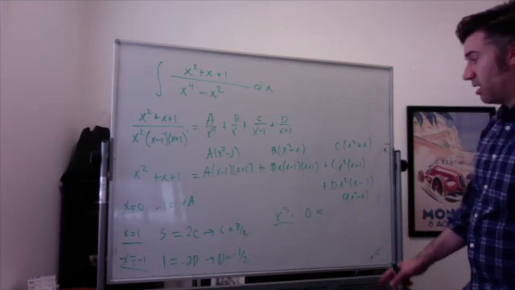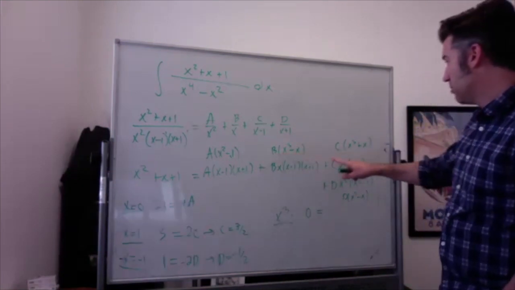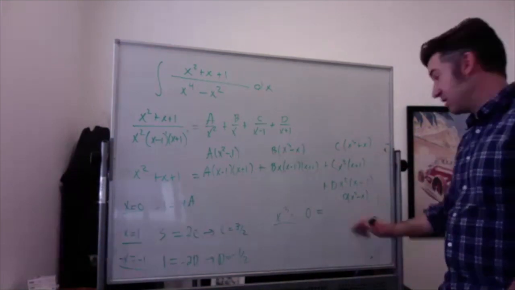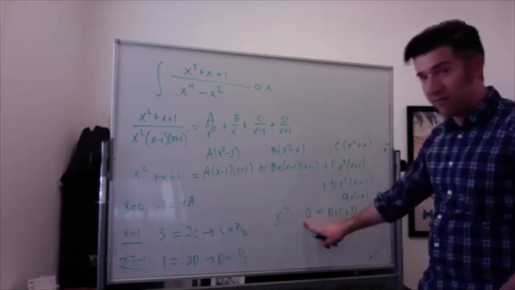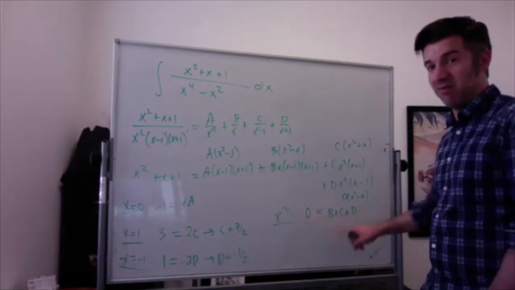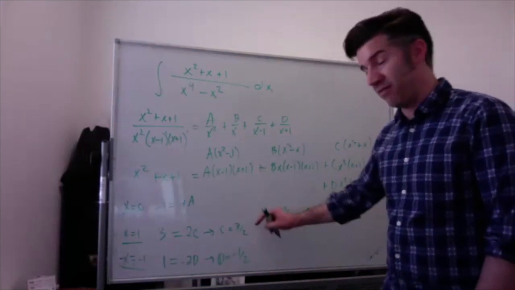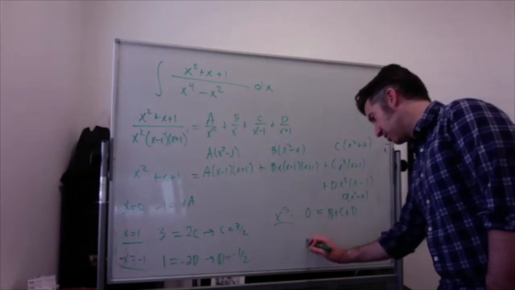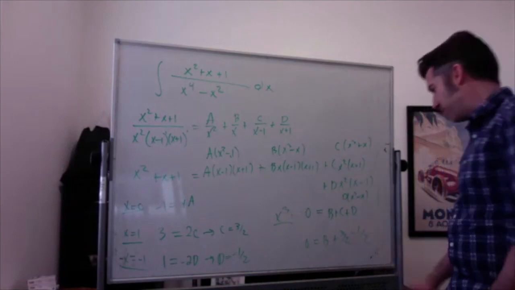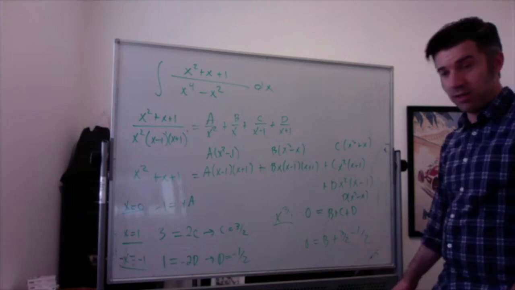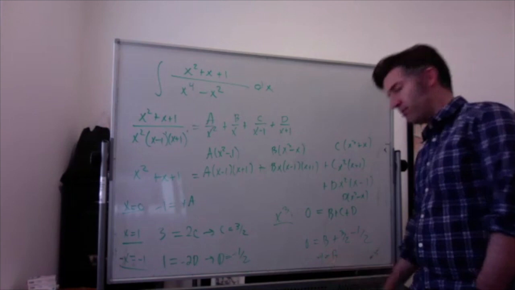So you can see that on the right-hand side, the coefficient of x cubed would be b plus c plus d. And the amount of x cubed on the left has to be the same as on the right. But look, I know that d is negative 1/2 and c is 3/2. So I can say that 0 equals b plus 3/2 minus 1/2. 3/2 minus 1/2 is 1. b plus 1 is 0, so b equals negative 1.